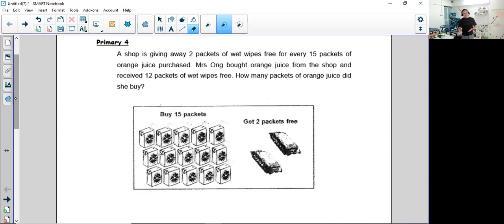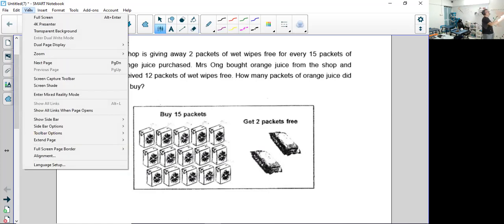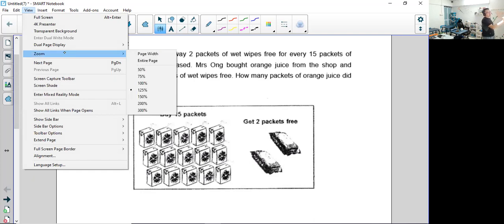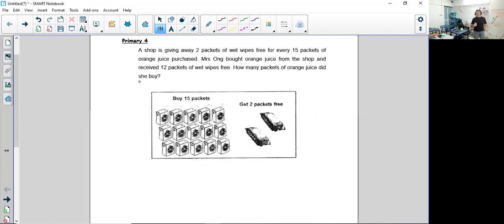But when it comes to primary 4, 5, and 6, we don't really have to draw pictures, because there will be a lot of things to draw. So we are going to do something easier, something that doesn't require us to draw any pictures. This is how we go through the process of using the grouping method.